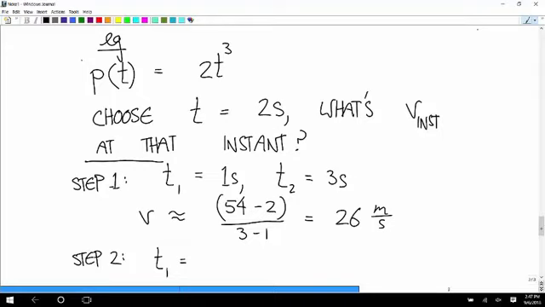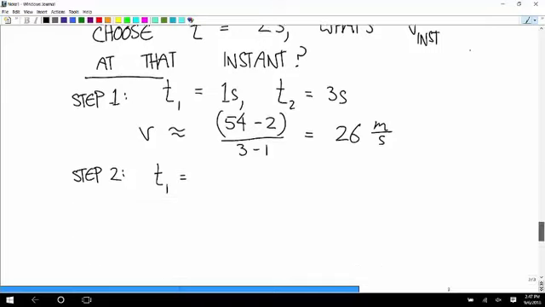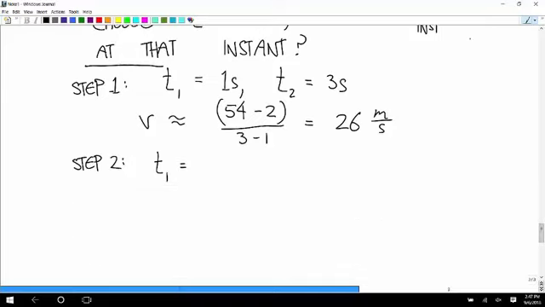But the way we're doing it is taking points on the 2 sides and calculating an average velocity. So now I'm going to pick 2 points that are closer together. Let's say t1 is equal to 1.9 and t2 is equal to 2.1.